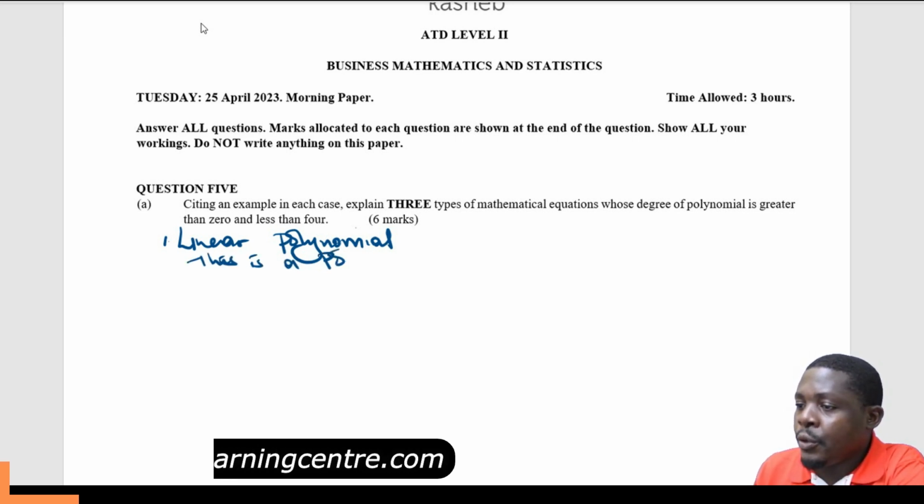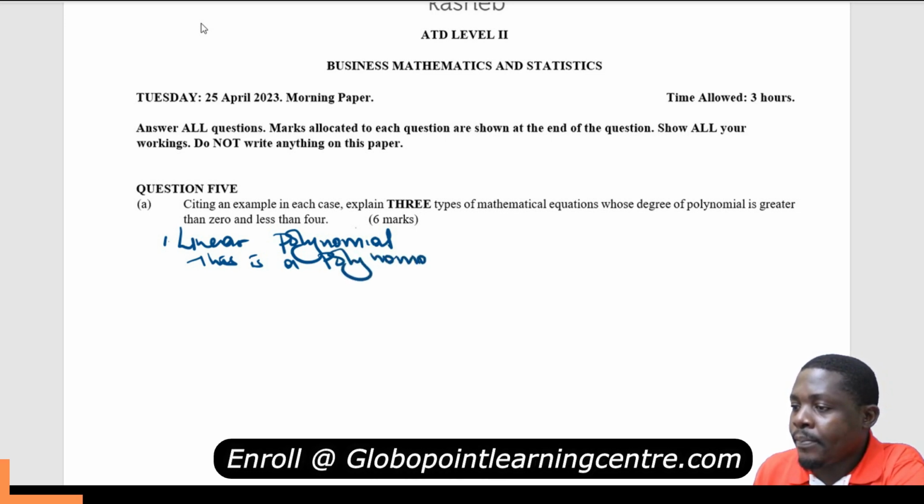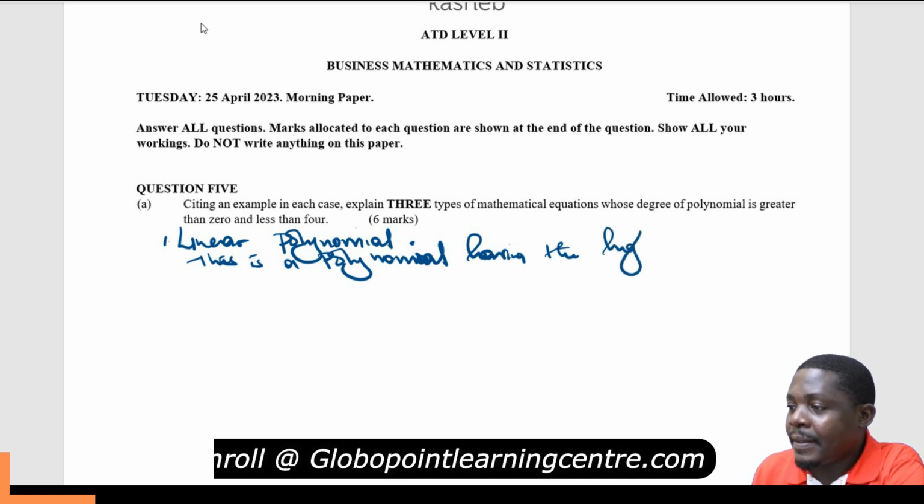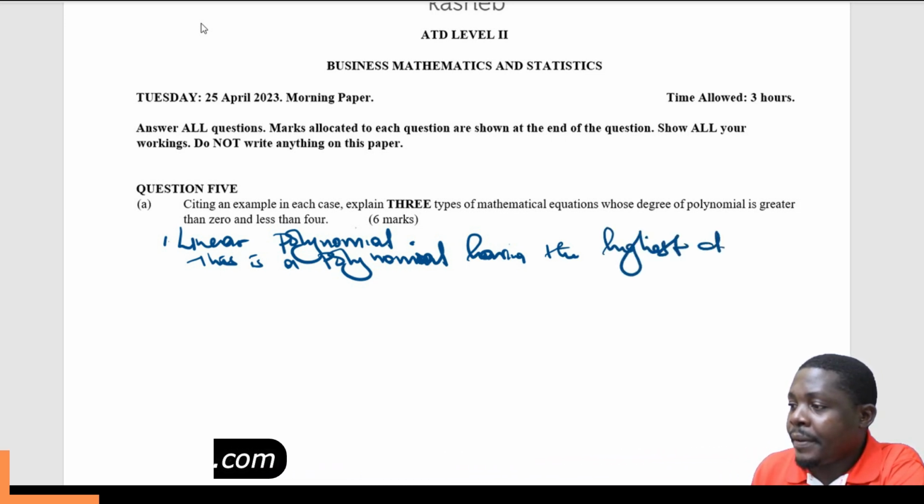Number 1 is linear polynomial. Why am I choosing linear polynomial as my first one? This is a polynomial having the highest degree of 1 but not 0.